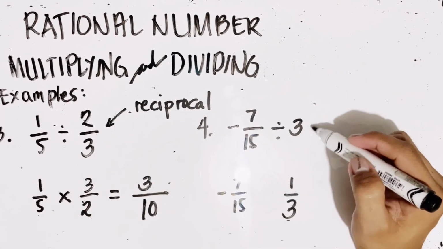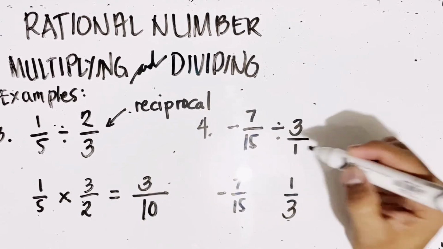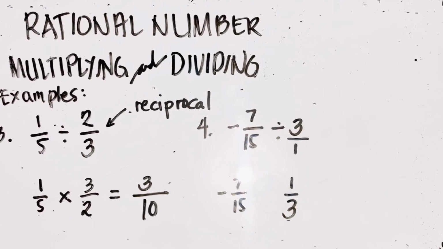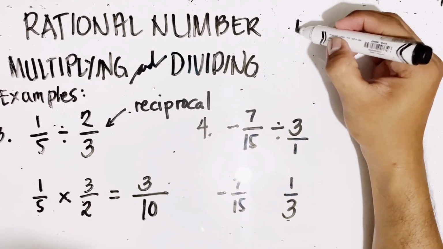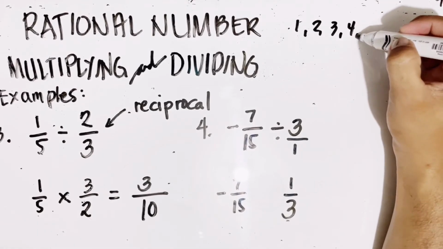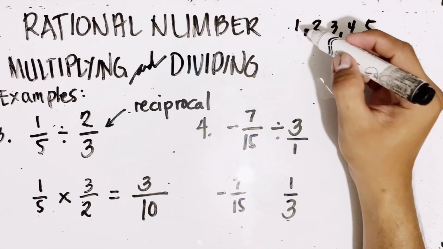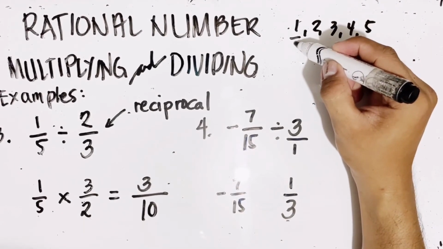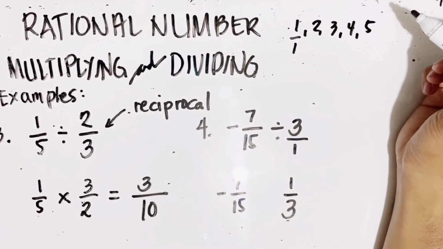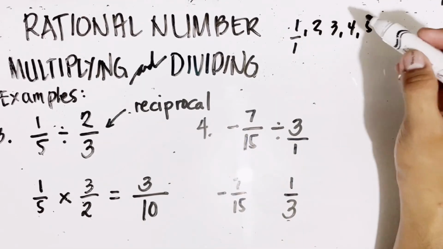We all know that all whole numbers are over 1. So for example, 1, 2, 3, 4, 5. These whole numbers have an imaginary denominator of 1.